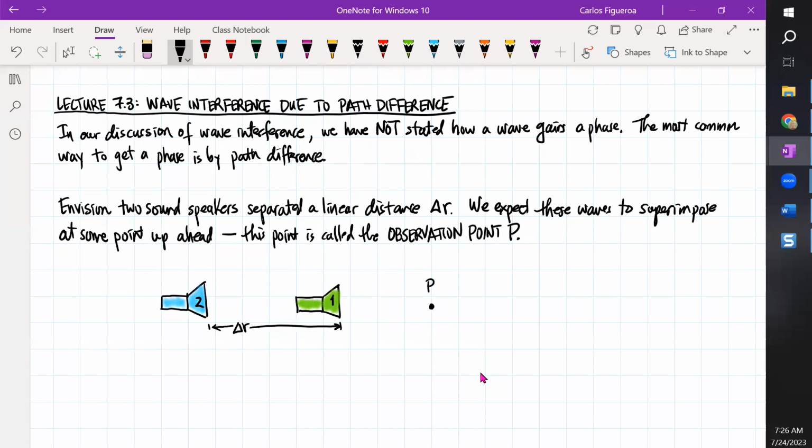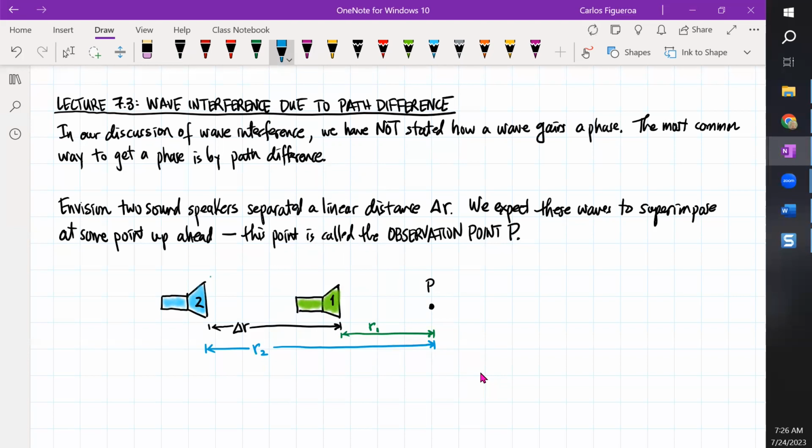Note that there are two distances. This one travels a distance R1, and this one travels a distance R2. So R2 travels farther than R1.